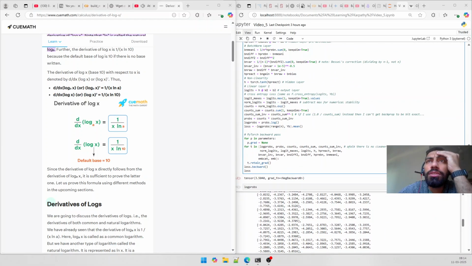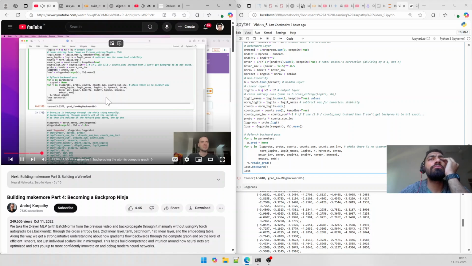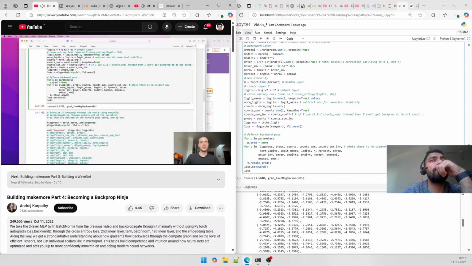This is the element-wise log for each of them. Probs depends on probs through a log, so all the elements of probs are being element-wise applied log to.